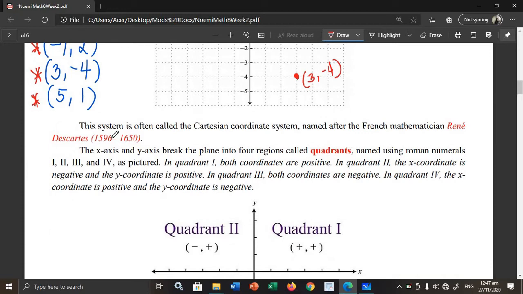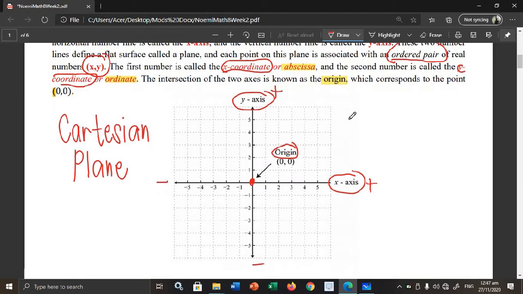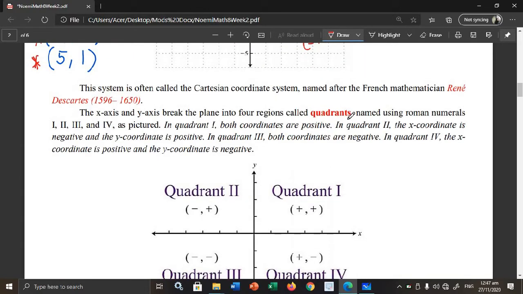And then the next one, the system is often called the Cartesian coordinate system, named after the French mathematician René Descartes. So, as I was talking a while ago, bakit kaya Cartesian yung tawag sa kanya? Cartesian plane, Cartesian coordinate system. Kasi sinunod siya sa pangalan ng naka-discover sa kanya, which is René Descartes.